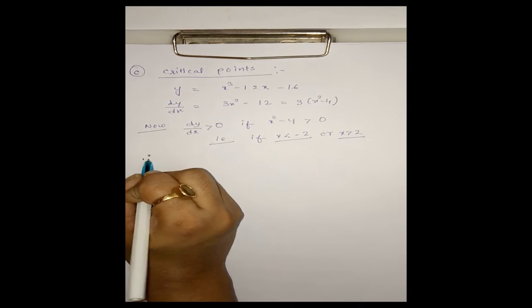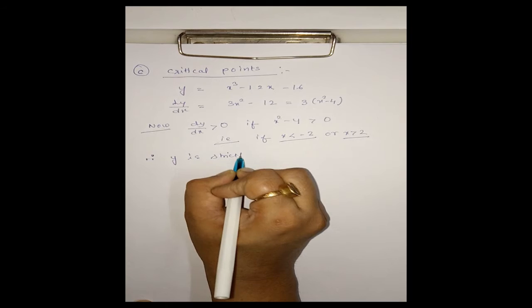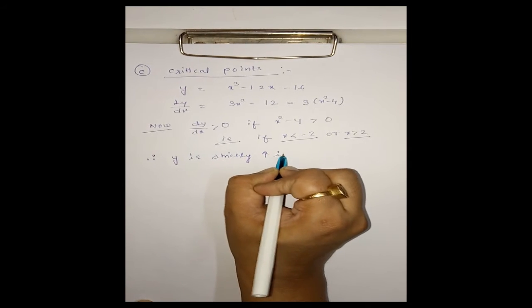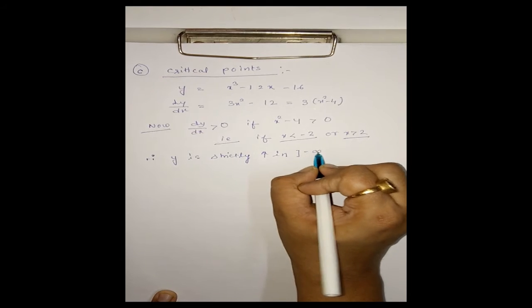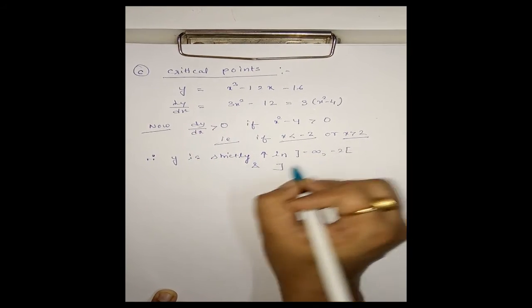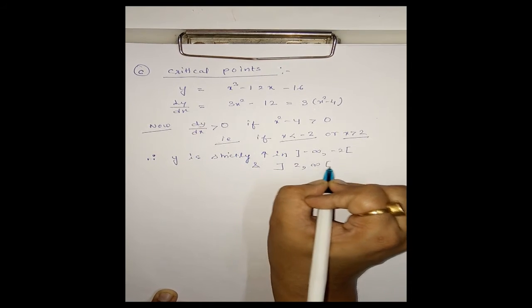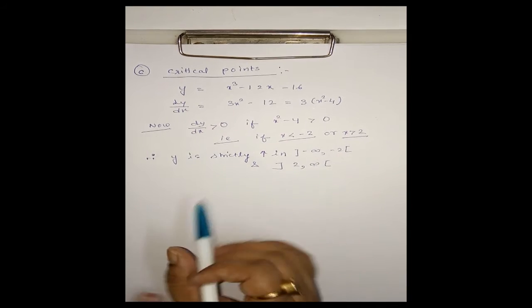Therefore, y is strictly increasing in the interval x less than minus 2, meaning minus infinity to minus 2, and when x is greater than 2, meaning 2 to infinity.